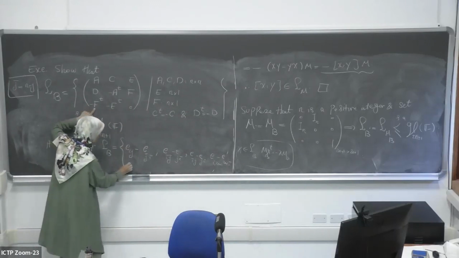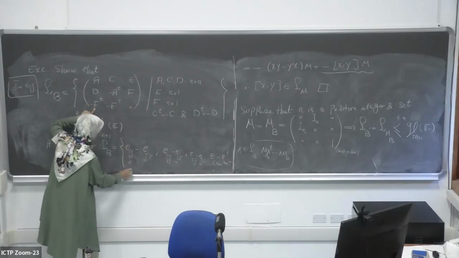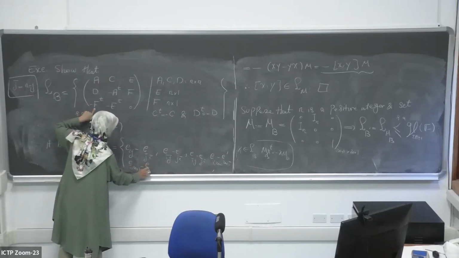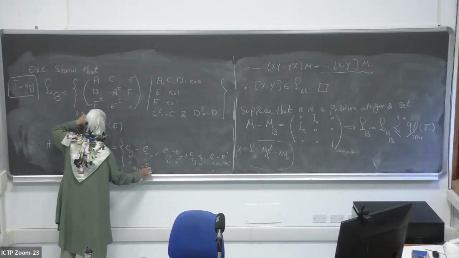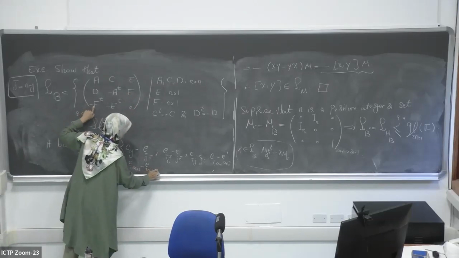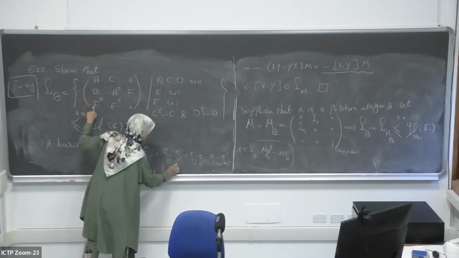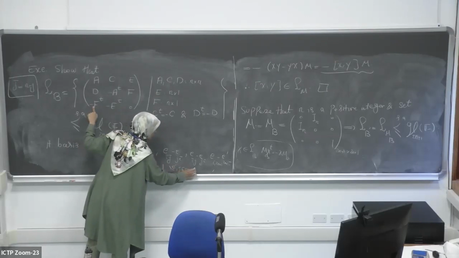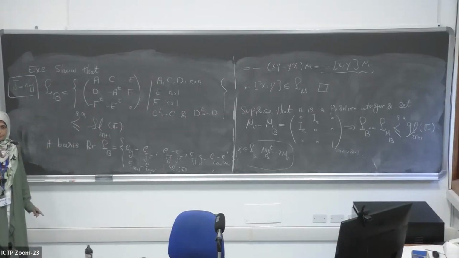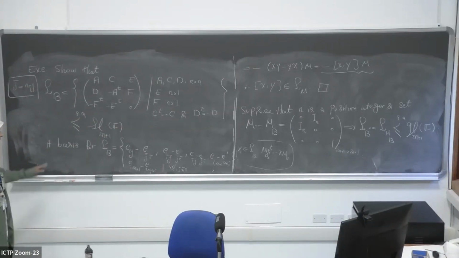For F, we have E_{i bar, n+1} minus E_{n+1, i}, right? When i and j are elements between 1 and n, right? If you have any questions, please ask. It's clear? Okay.